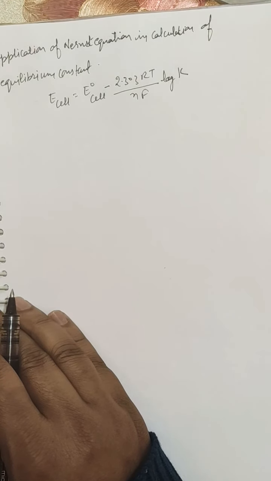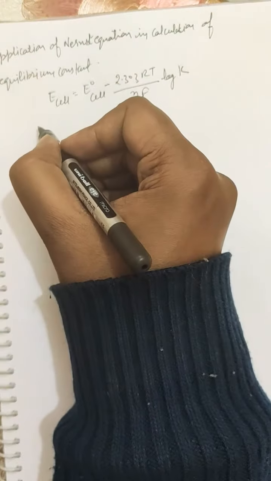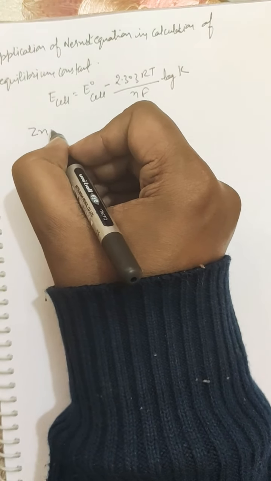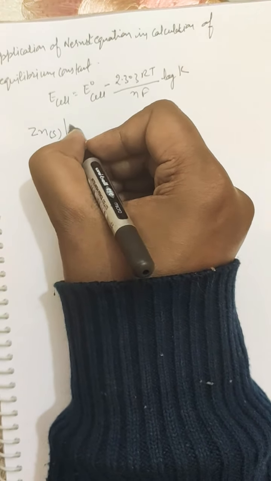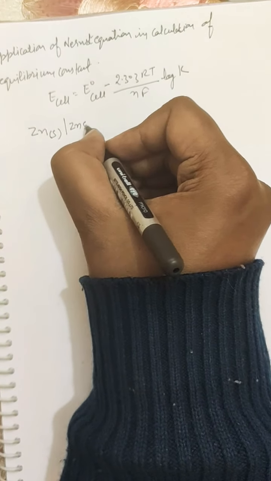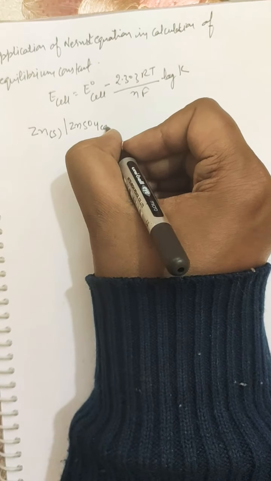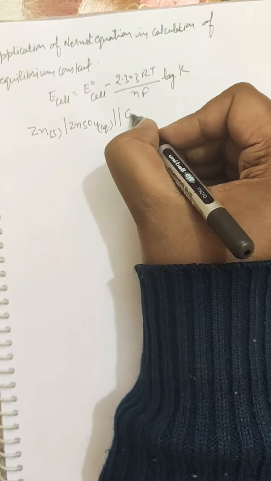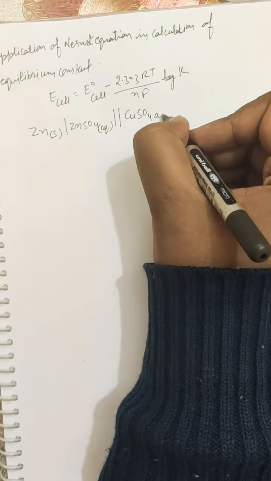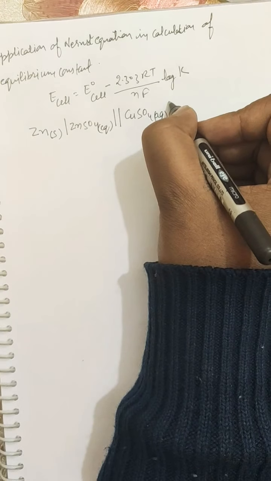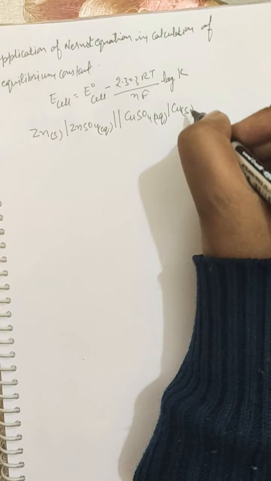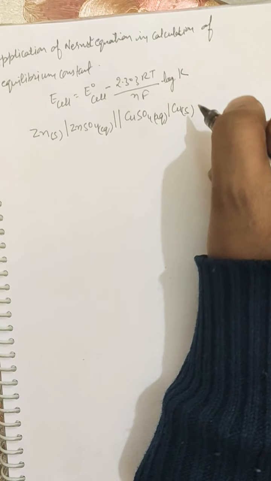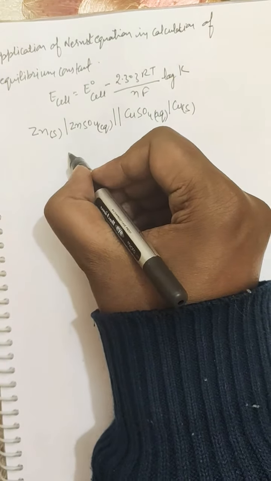Suppose a particular electrochemical reaction is taking place where zinc solid is converting into zinc 2 positive, that is zinc sulfate aqueous, with the salt bridge, and copper sulfate aqueous is further converting into copper solid. In this cell, zinc acts as an anode and copper acts as a cathode. How?